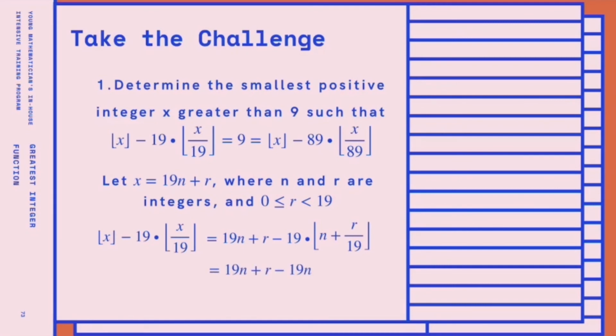So now this is just 19n plus r minus 19n. Simplifying, 19n cancels, which is equal to r. Meaning our GIF of x minus 19 times GIF of x over 19 is just equal to r, where again r is the remainder when x is divided by 19.